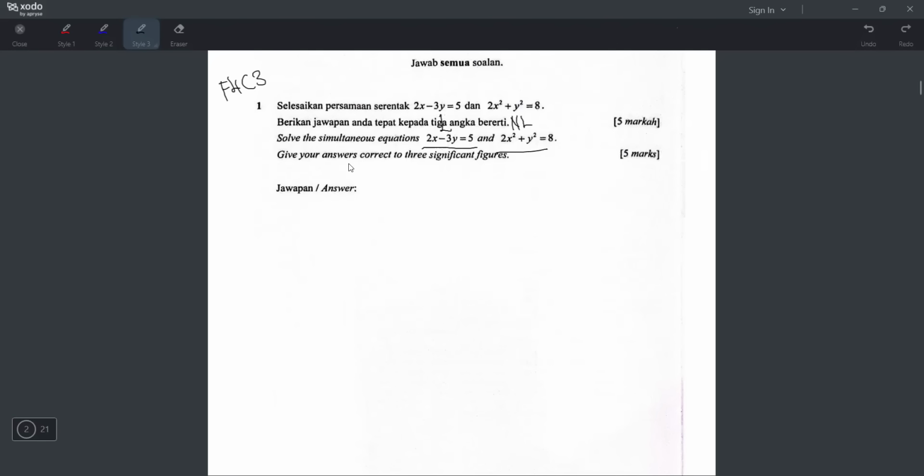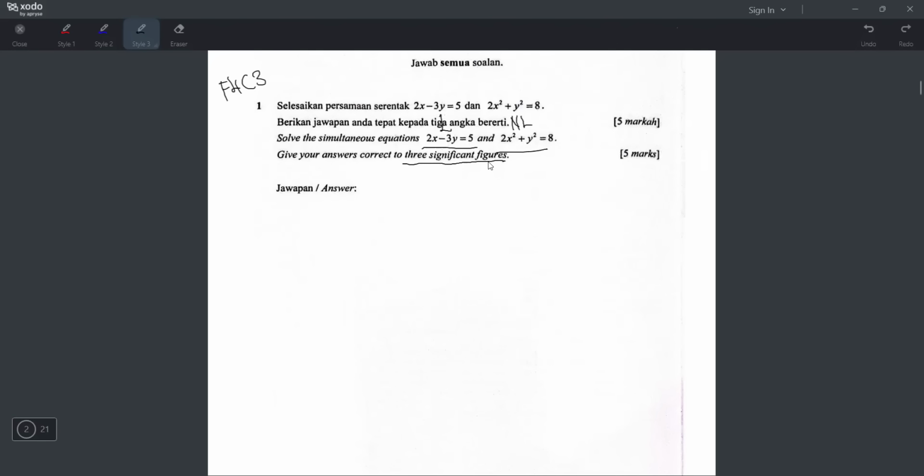So they mentioned here, give your answer correct to three significant figures. Let me tell you what this means. Whenever it's a linear equation and non-linear equation, and you do penggantian, substitution, you will always end up with a quadratic equation. It means you will have two answers, right? And the quadratic equation, you will usually solve it using the calculator by keying in all the ABC values, or factorize, right?